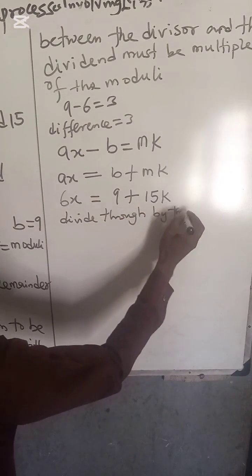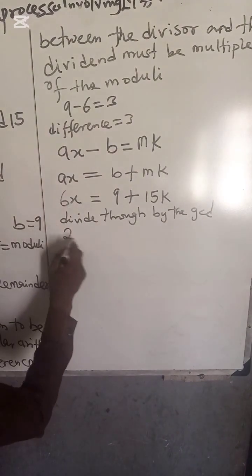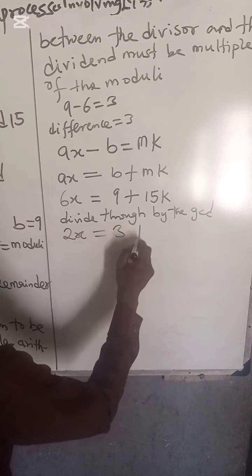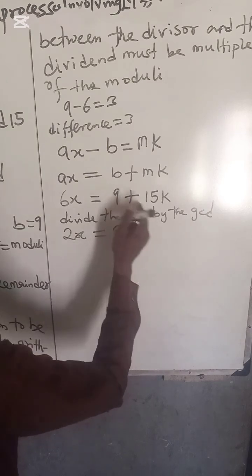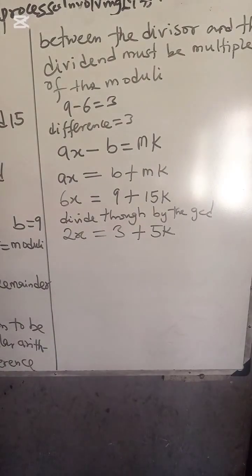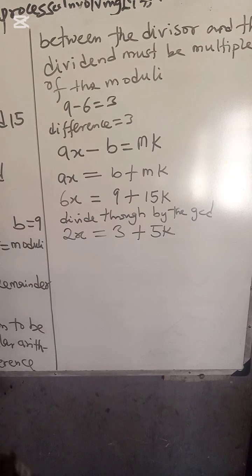We divide through by the GCD. Here, 3 and 6 give you 2x is equal to 3 plus 5k, the multiple of the moduli. Now, to know the number of solutions, we have to find this x.